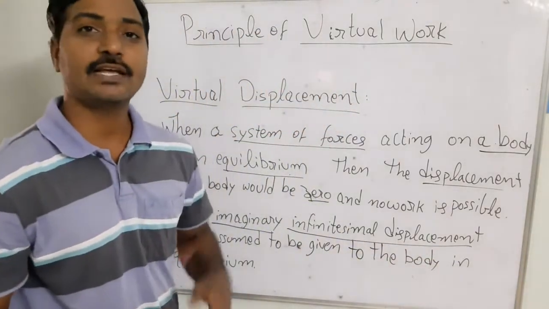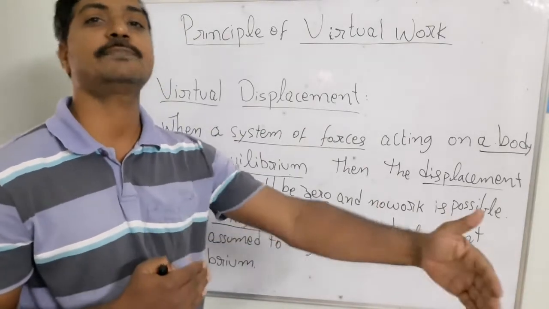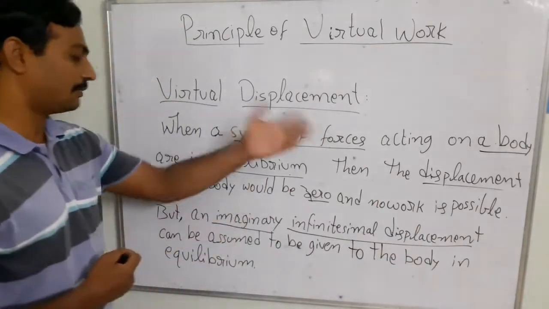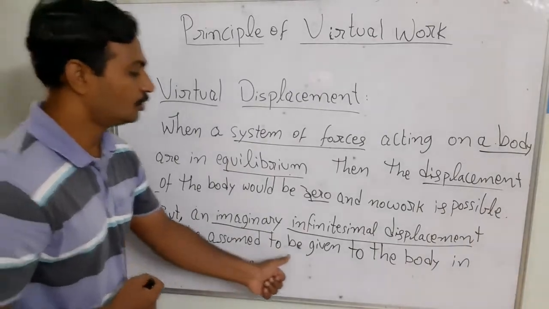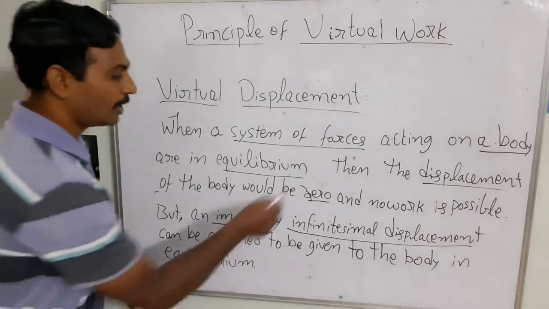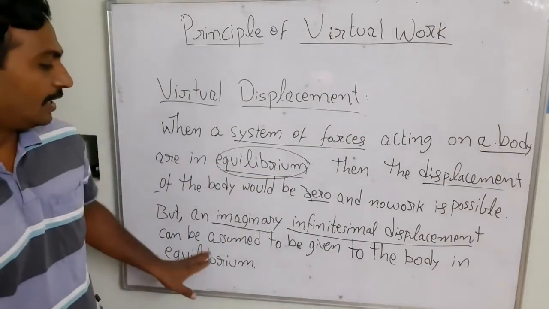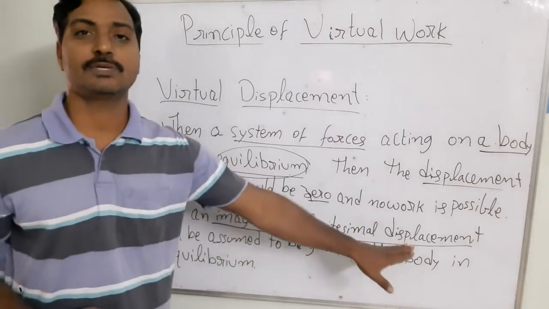Actually there is no physical displacement available, but we consider an imaginary displacement that can be assumed to be given to the body in the equilibrium condition. Even though the body exists in the equilibrium condition, we give it an imaginary infinitesimal displacement.